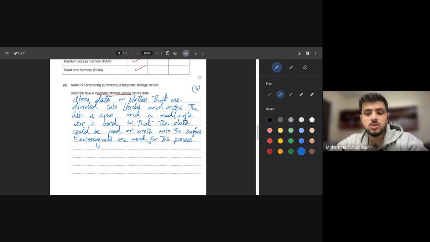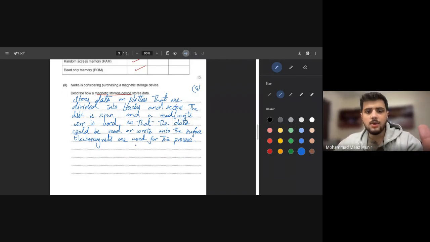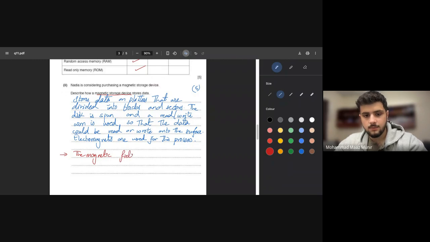But then you can also talk about one last point, that the magnetic field determines the binary value, or perhaps you're good to go till this point too. And if you want to write one other point, you can also write that the magnetic field defines the binary value.